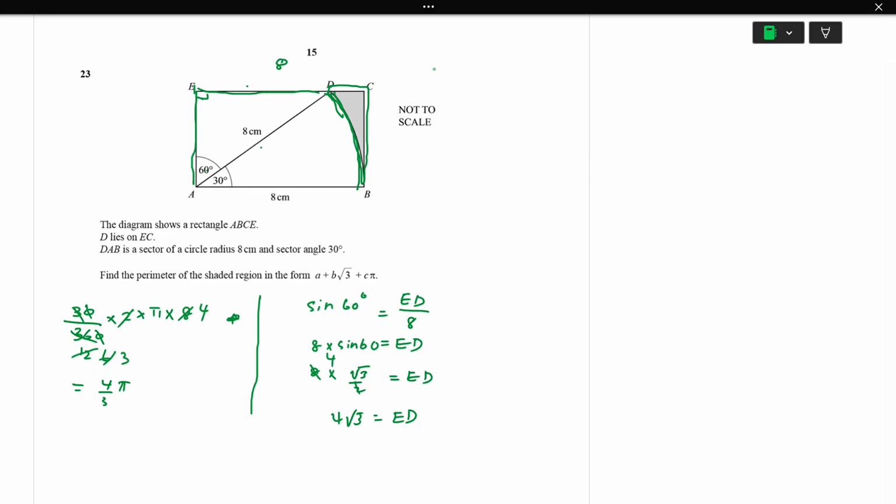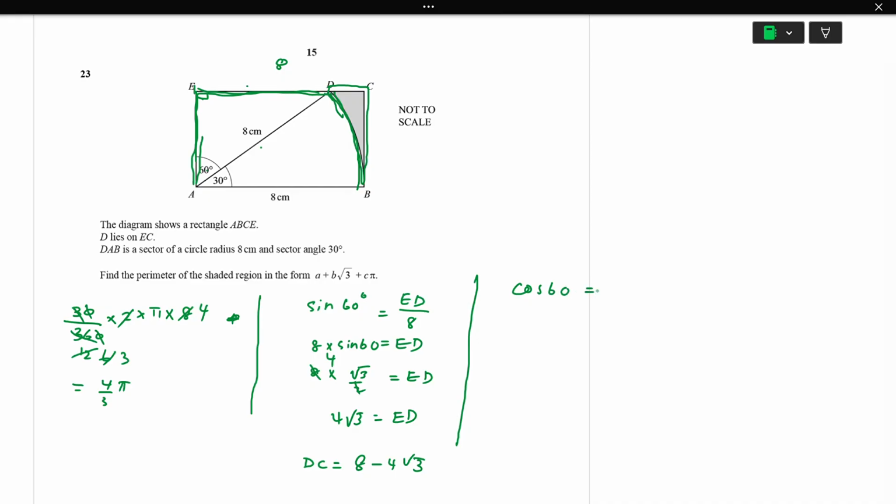Now I need to find CD or DC. DC equal to total length is 8, 8 minus 4 root 3. This is the second part, we found it. Then third, we need to find out BC. Again I'm going for the same triangle. Instead of the sine, I'll go for cos.